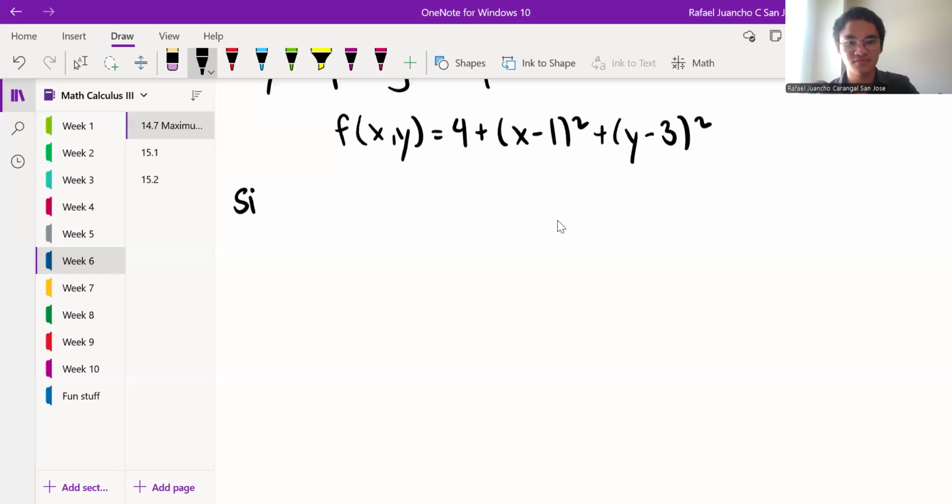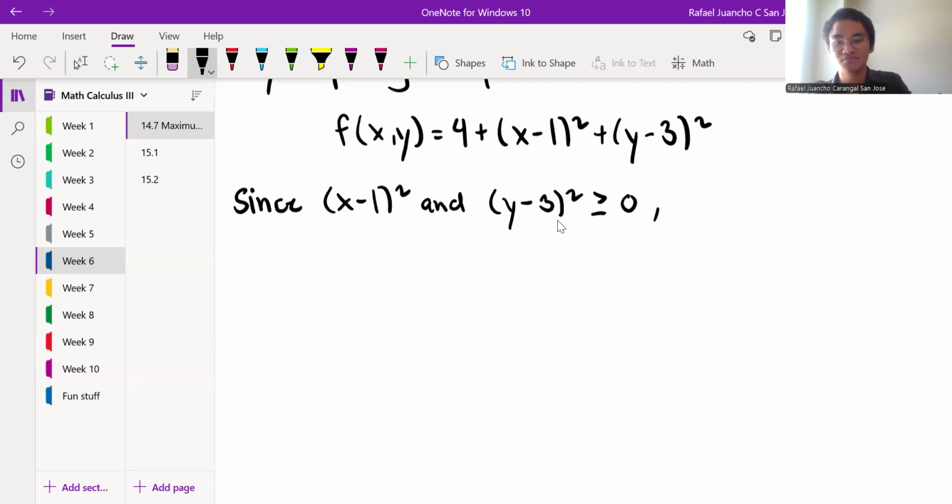So here we have, since my x minus 1 squared as well as my y minus 3 squared are both greater than or equal to 0, then I can say this point here is equal to 4, or no, f is greater than or equal to 4.